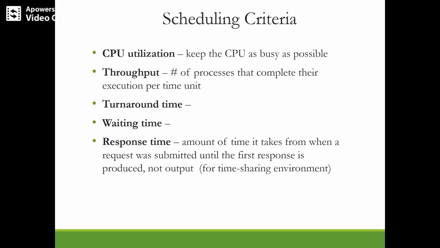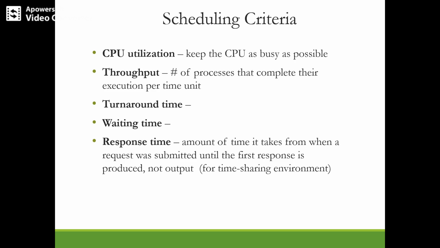And the last one is response time. For example, in an interactive system, turnaround time may not be the best measure. Often a process can produce some output early and then continue computing new results while the previous results are being output to the user.